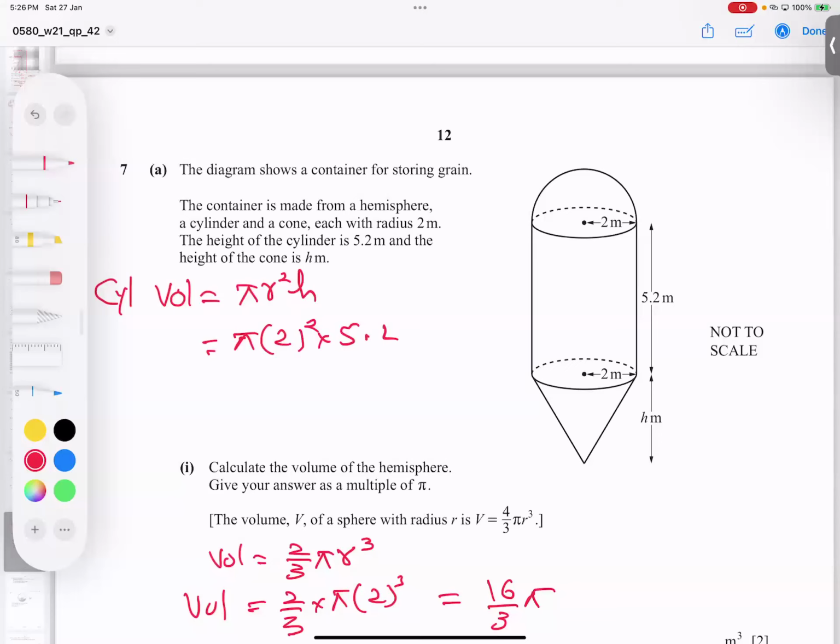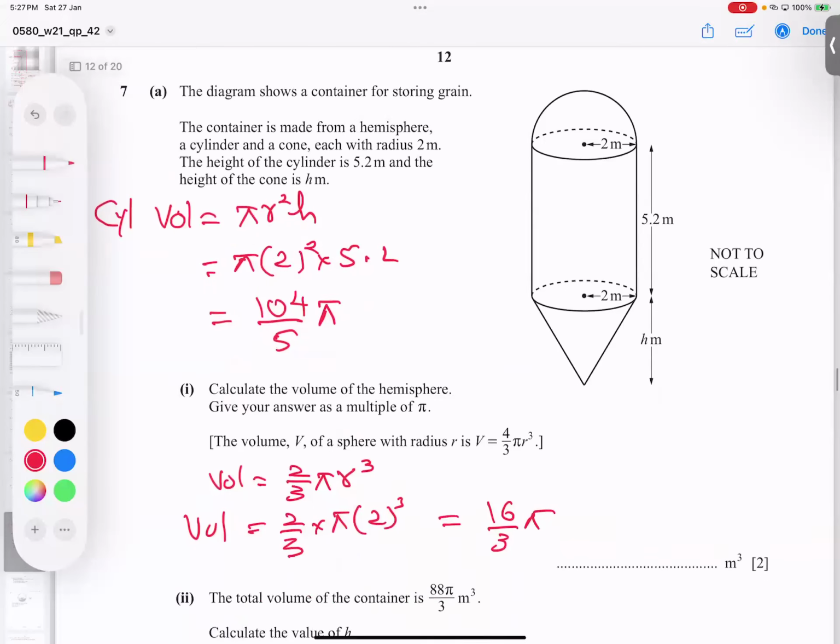And if I type this much only in the calculator, 2 squared into 5.2, please do me one favor, don't type pi in the calculator. I type this much only, and I'm getting this answer. I'm writing pi beside it. You can ask me why, what is the logic behind it, you'll come to know after a short gap.